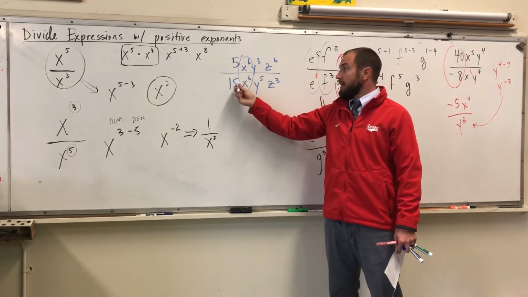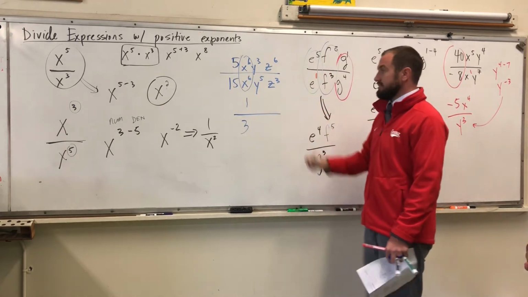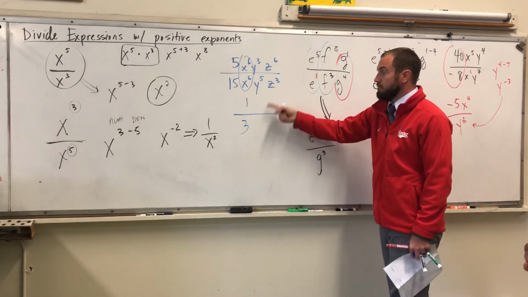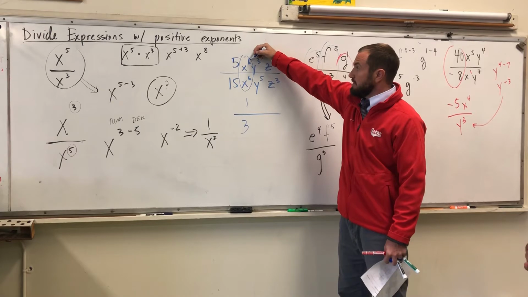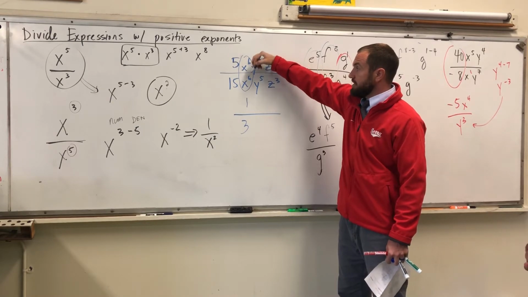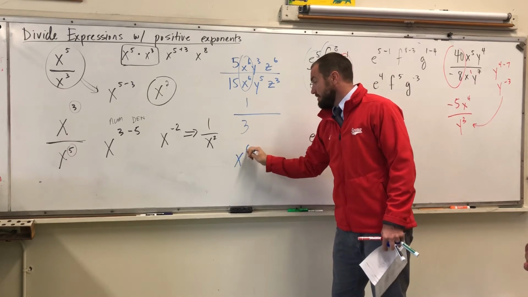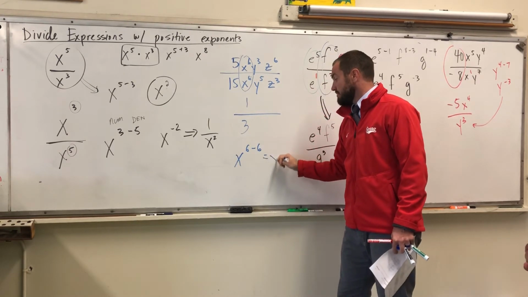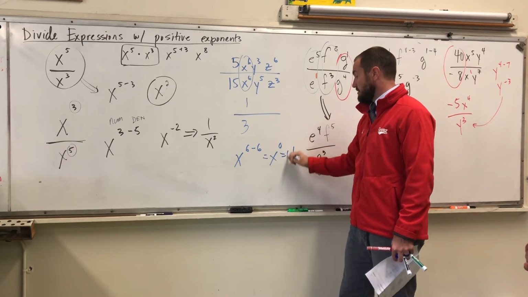Okay, here we know 5 over 15 is going to reduce to 1/3. Let me draw a nice line here so I can make some room for some variables. But you notice here, you have x to the 6 on the top and x to the 6 on the bottom. 6 minus 6 is 0. Any variable raised to the 0 power is just 1.